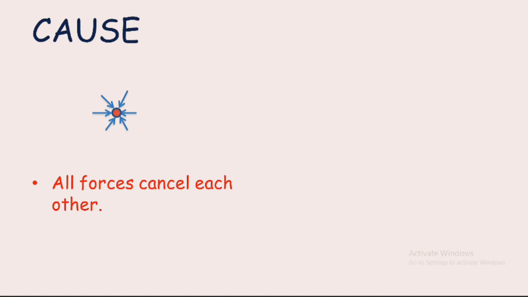Now, let's discuss what the cause behind the motion is. What actually happens is, when a particle is present in a dispersion medium, it experiences force from all directions. When all these forces are equal, they cancel each other and no movement will take place. But when the force from any one direction dominates, all other forces are neglected, and the particle moves in the opposite direction of the dominant force.